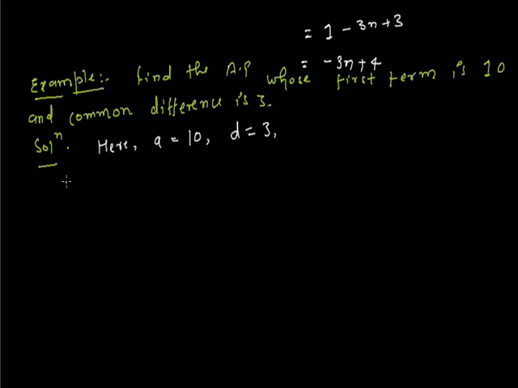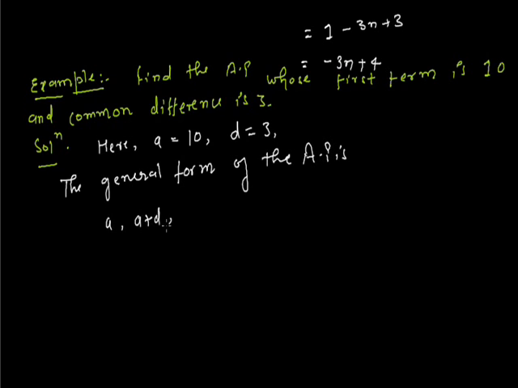The general form of the AP is a, a plus d, a plus 2d, a plus 3d, and so on.